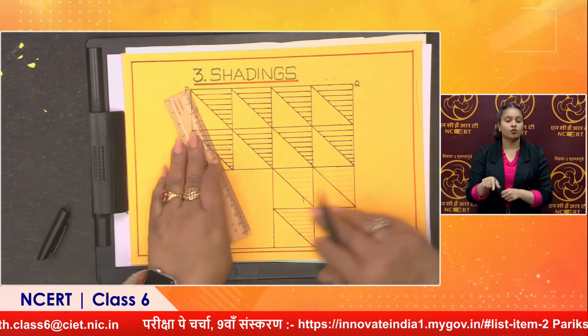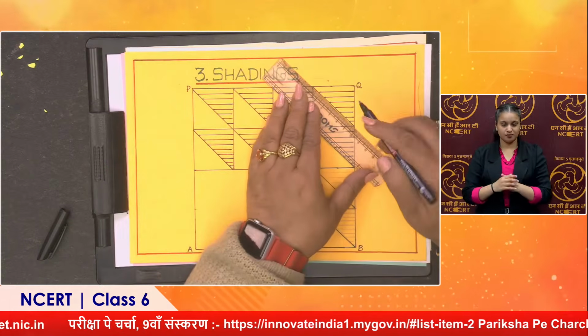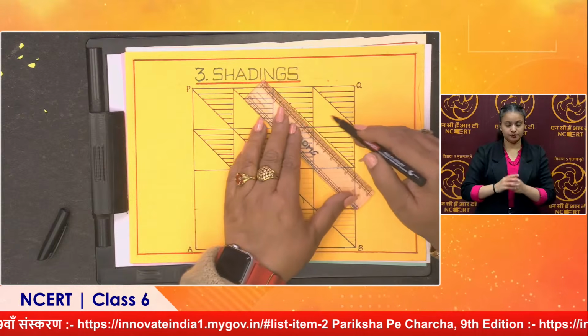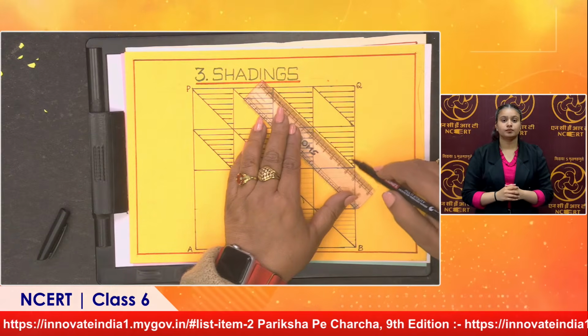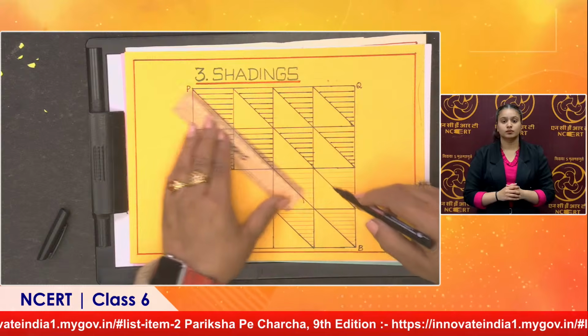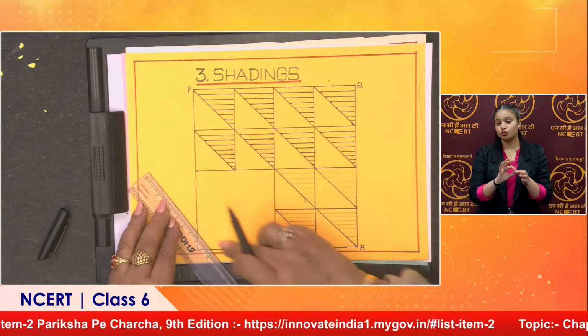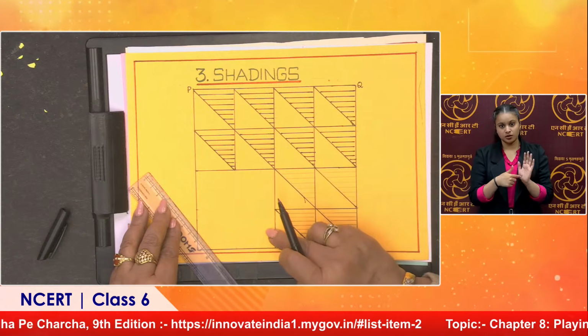And to shade it, we have to first join the diagonals. This way you can join, children, this way, and then the second square we can join this, the third one and similarly the fourth one. And these two we are joining, this one you have to leave blank as shown in the textbook, alright.